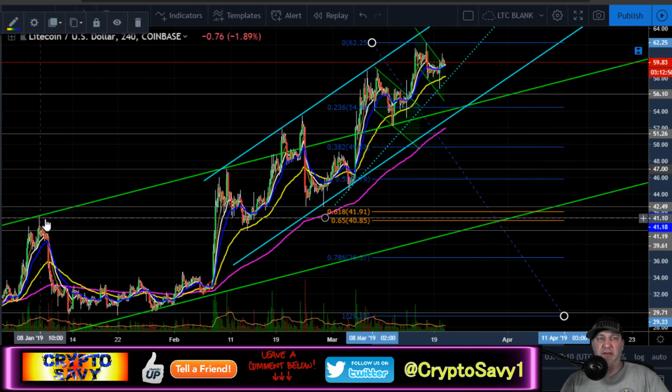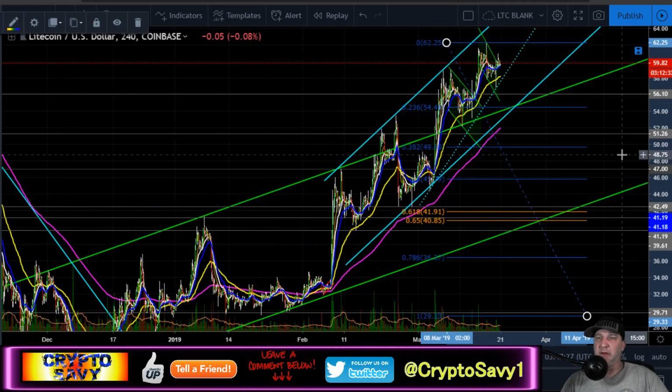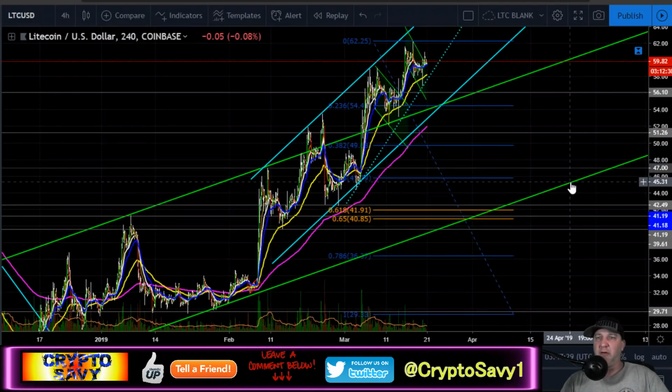But obviously, like I said, if we broke this, which the exact number is 4157, this count would be invalidated. But we could correct around the 0.50 range, which would bring us possibly down to, let me scoot this over, test the bottom of this channel again.